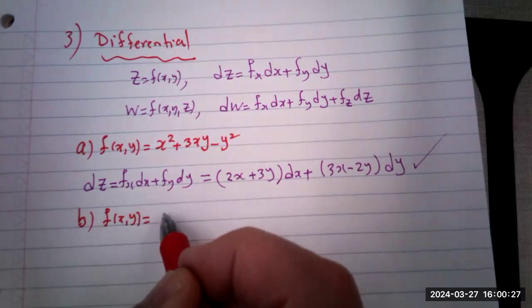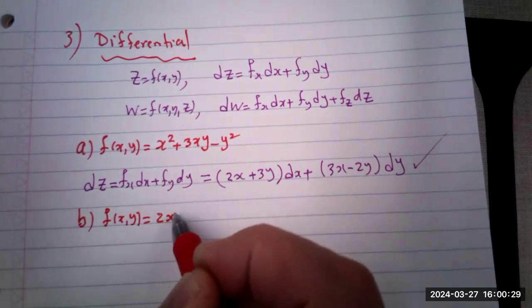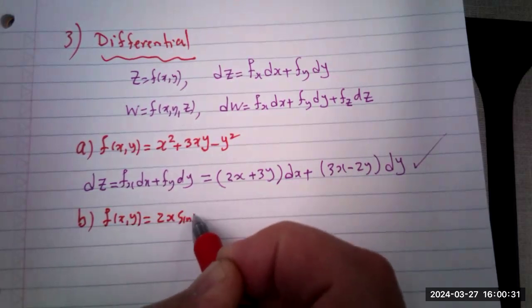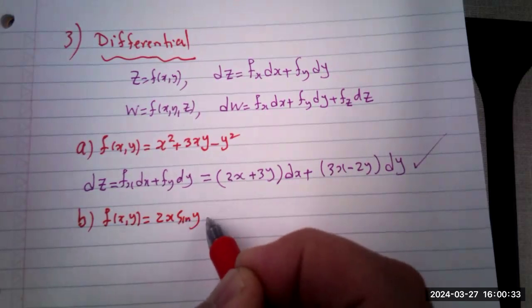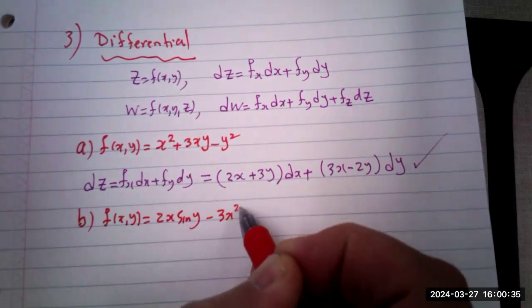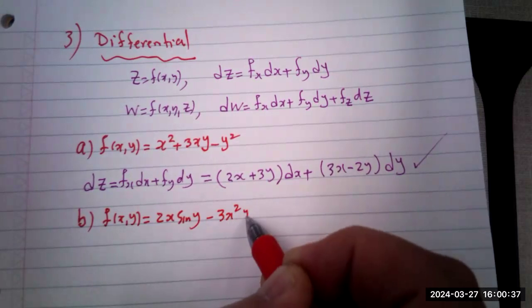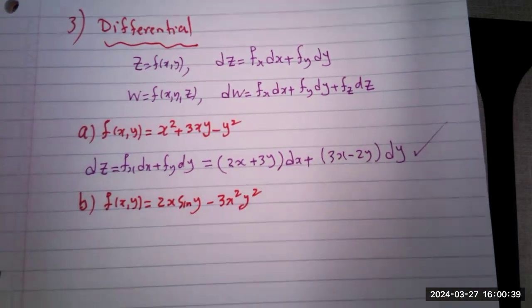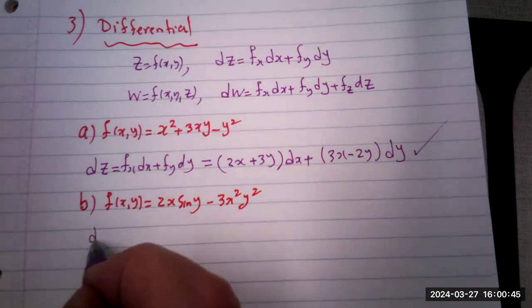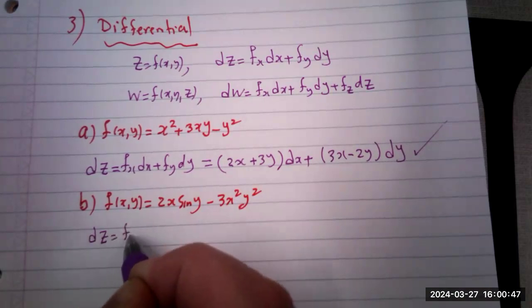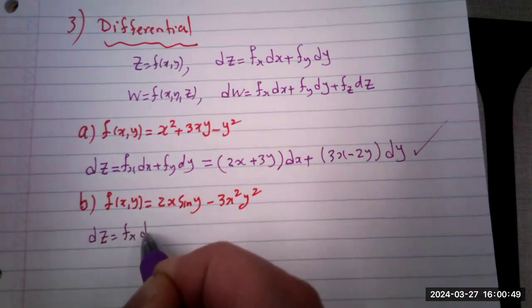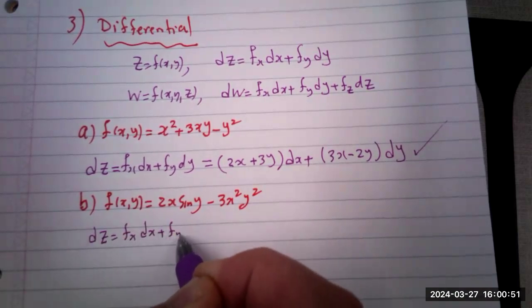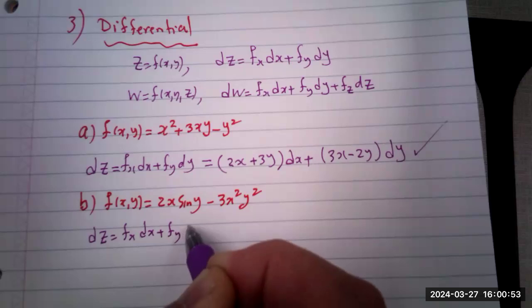So this is it. It's 2x sine y, minus 3x squared y squared. This is the one. Again, it's a function of two variables, so differential of z is equal to the partial of f with respect to x dx plus partial of f with respect to y dy.